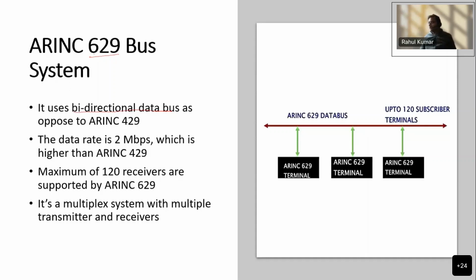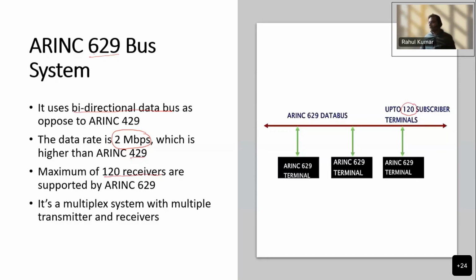The data rate is higher than the previous version, 429. The data rate is 2 Mbps, which is much higher than your 429 bus system. And also we can connect up to 120 receivers in the 629 bus architecture.